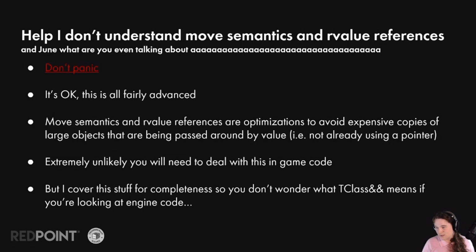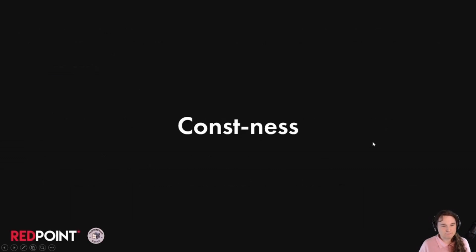It's extremely unlikely that you will need to deal with this in game code, but I cover it for completeness. So that when you're looking at the engine code and you see a class that has this really funny looking constructor, and you wonder what the && means, you will know. It means it's a move constructor. So yeah, I cover it for completeness.